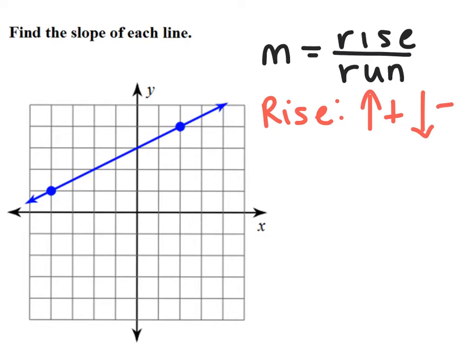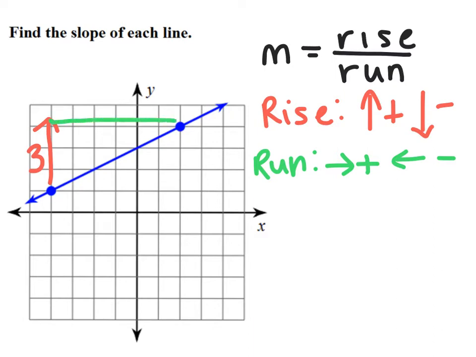To move from my left point to the right point, I'm moving up positive 3 units. The run is the movement horizontally. If I'm moving to the right, it's positive, and if I'm moving to the left, it's negative. In this case, I'm moving from left to right 1, 2, 3, 4, 5, 6 units.